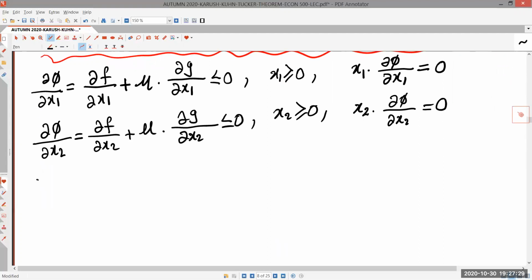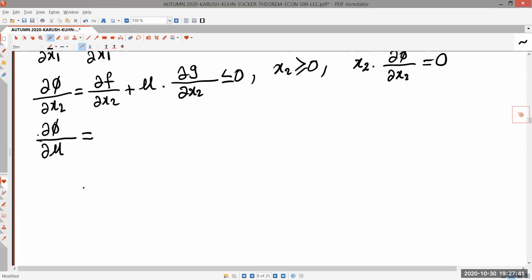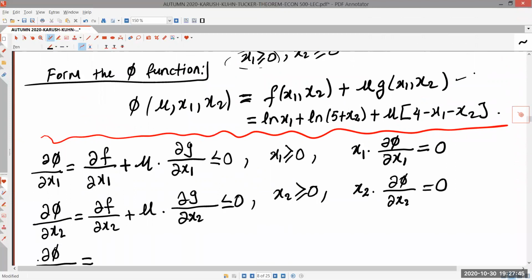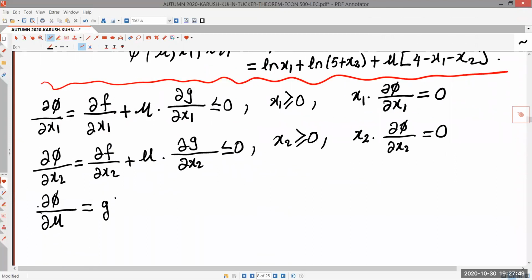And then we also have other conditions, related to mu. If we take the derivative with respect to mu, what do we get? We get g, the constraint function itself, and that must be equal to or greater than 0.